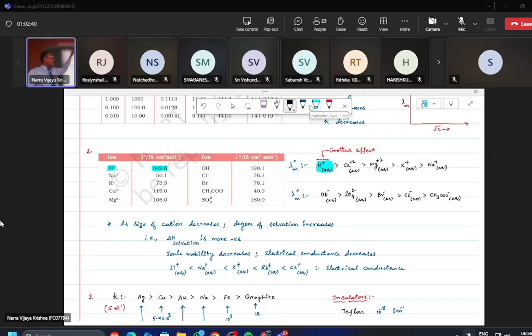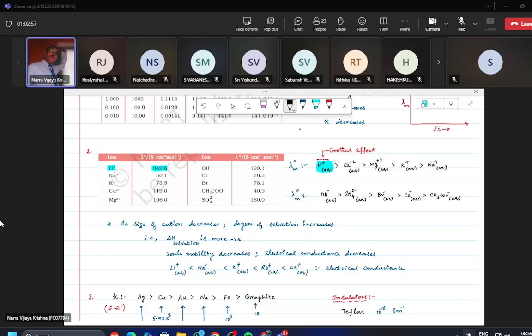As long as OH minus is present, the remaining anions will not be moving. Completely it is taken by OH minus. As long as H plus is present, conductance due to Na plus and K plus ions becomes 0.